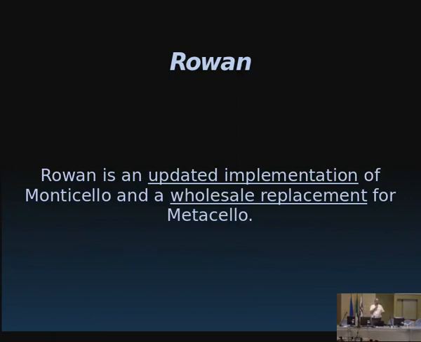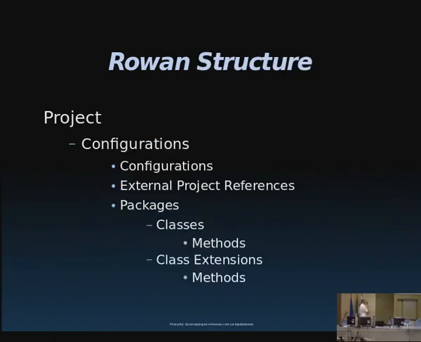I know Metacello, so I can kick it all I want. Talk about what the problems with it are. With Rowan, there's a new structure. In Monticello, the structure in your image basically stops at the package level, and there is no other structure above the package. I see in Pharo 7.0 that projects have been introduced, which are based on basically a Monticello mapping and a Metacello mapping.